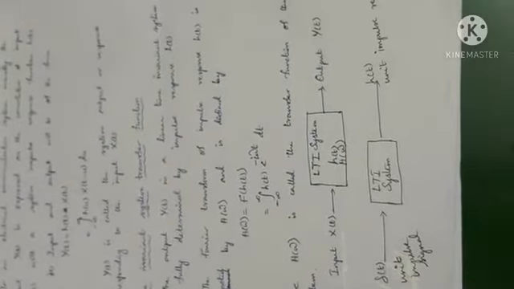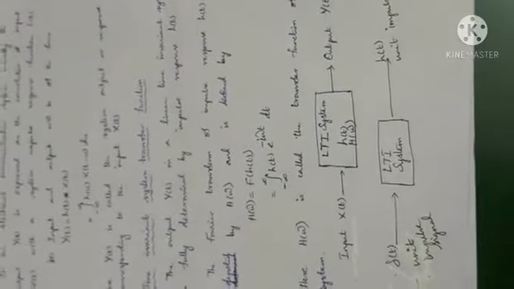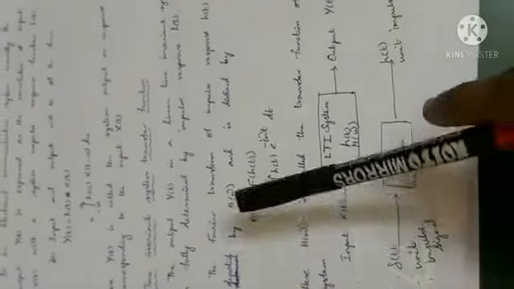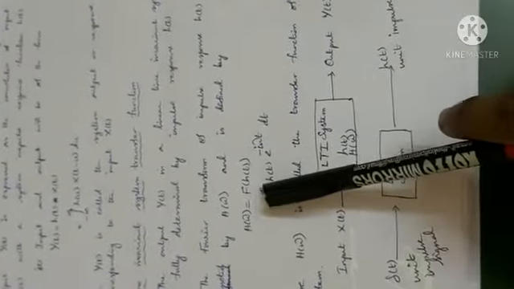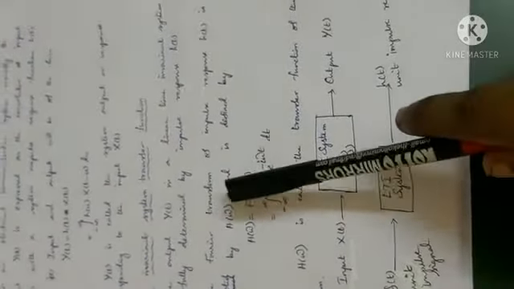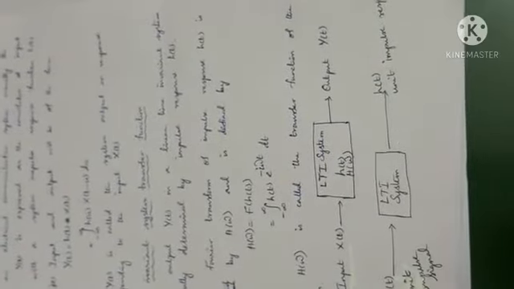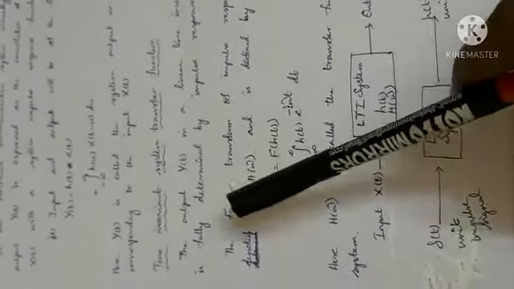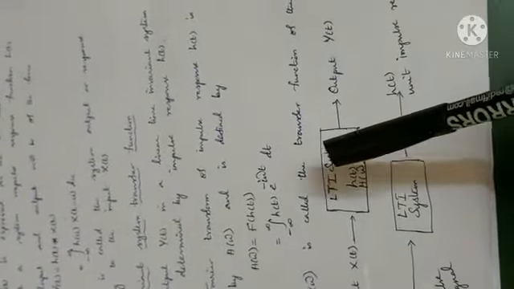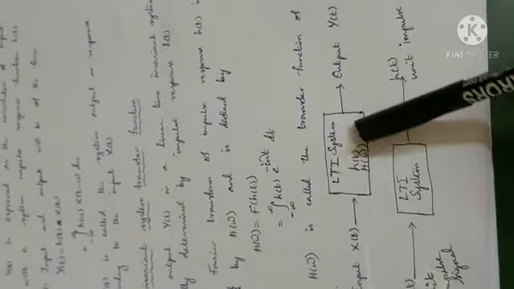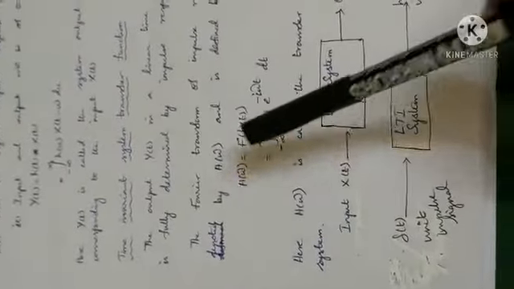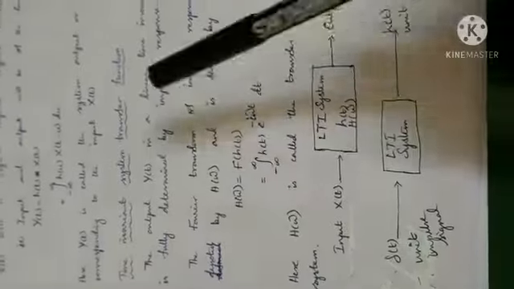There are many Fourier transform pairs. If we simply write 1 into the integral in the Fourier transform, then in the inverse Fourier transform we write 1 by 2 pi into the integral. The Fourier transform of h of t, the impulse response function, is h of omega, which is called the transfer function.